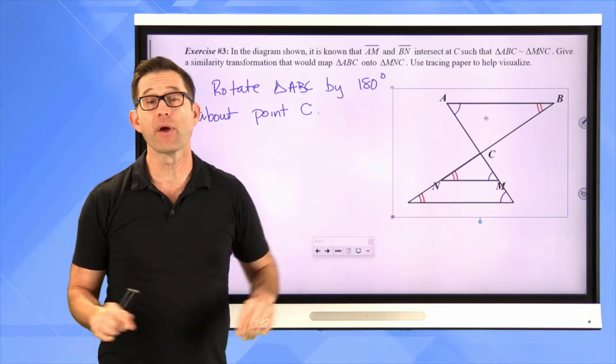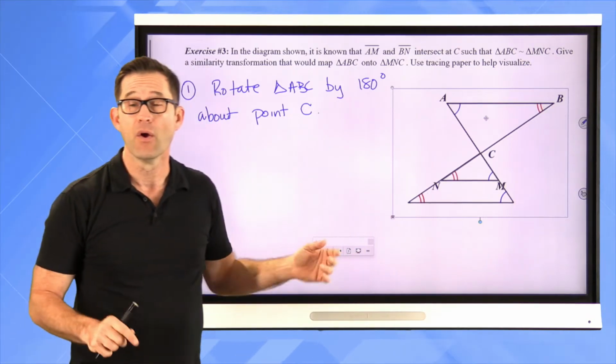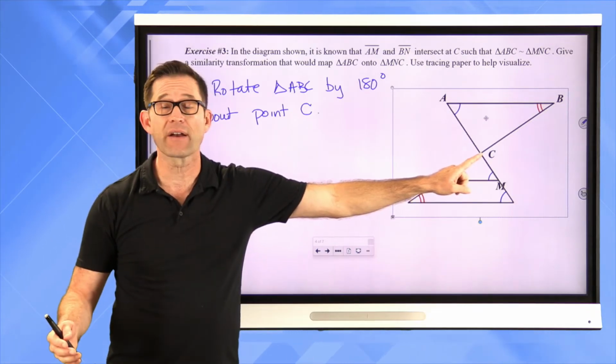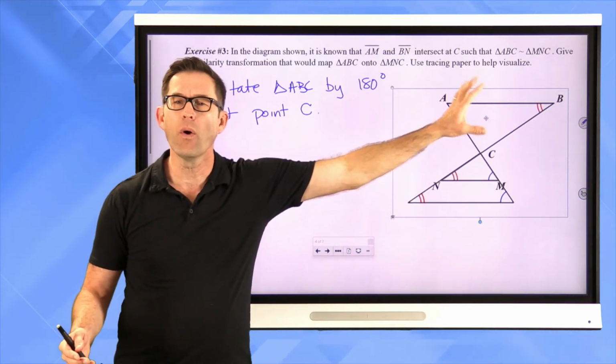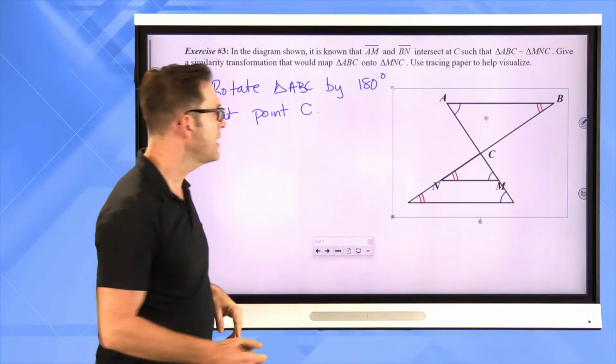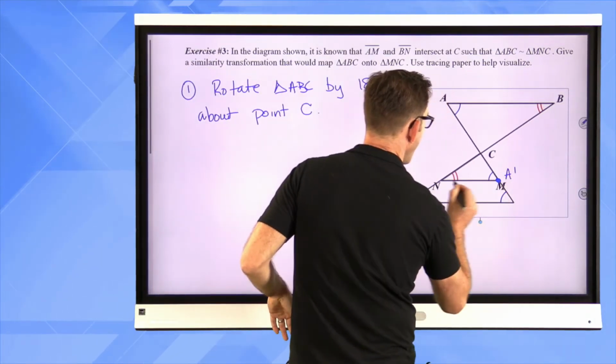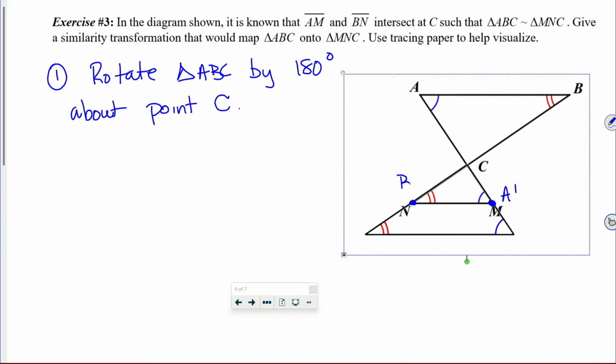And at that point I'm ready to dilate, right? I'm going to have a center at C, and a scaling factor, again, can be any one of these corresponding lengths. Now, keep in mind, here is my A prime, and here is my B prime, right? So let's now dilate.